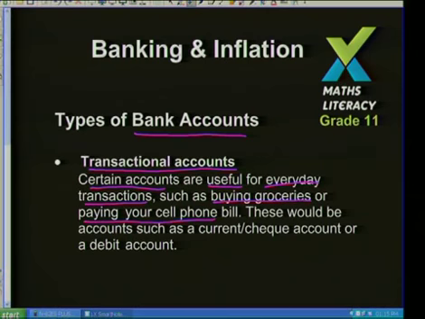Accounts such as a current or a cheque account or even a debit account, we call transactional accounts. These are accounts where you're going to want somebody to put your salary into, and everything that you deal with on a day-to-day basis will come out of this transactional account.